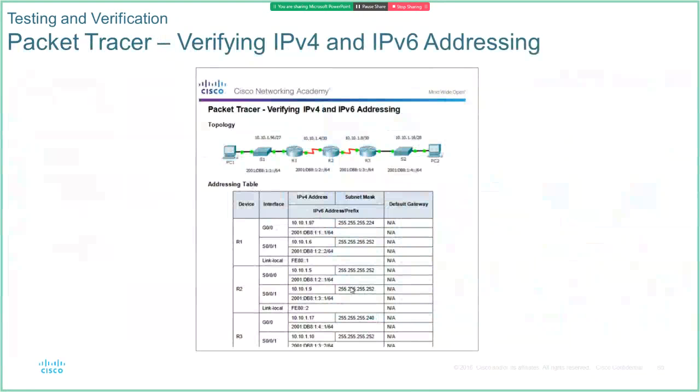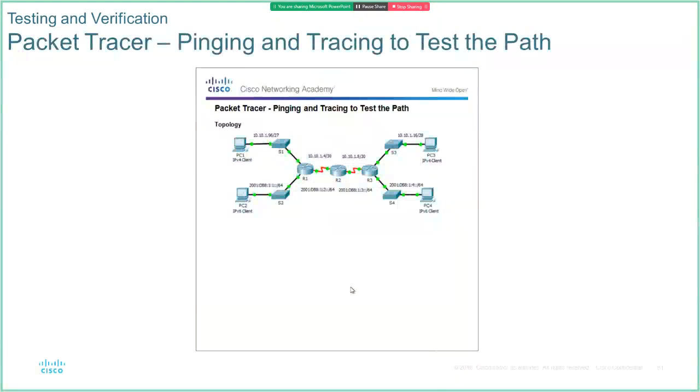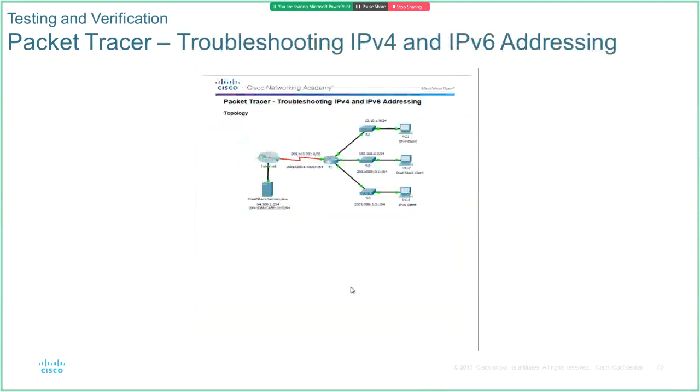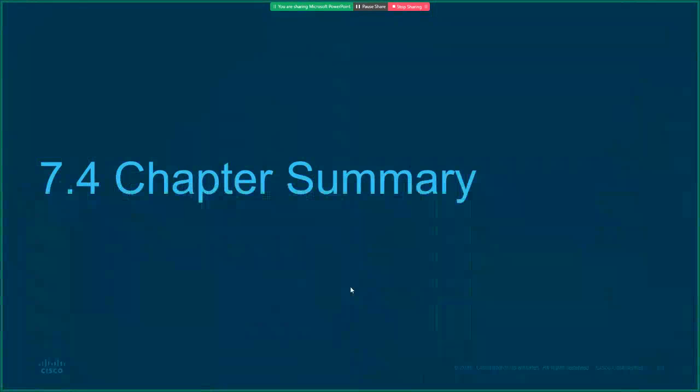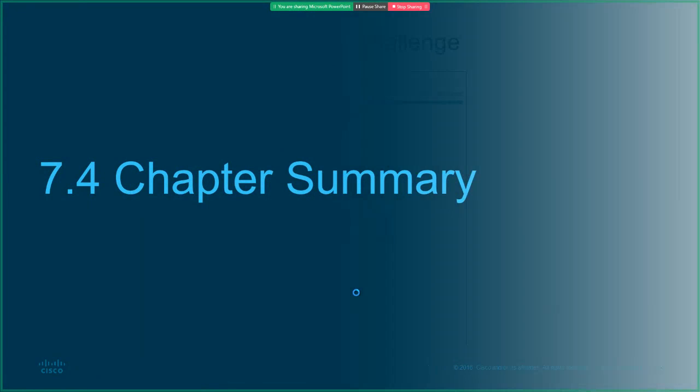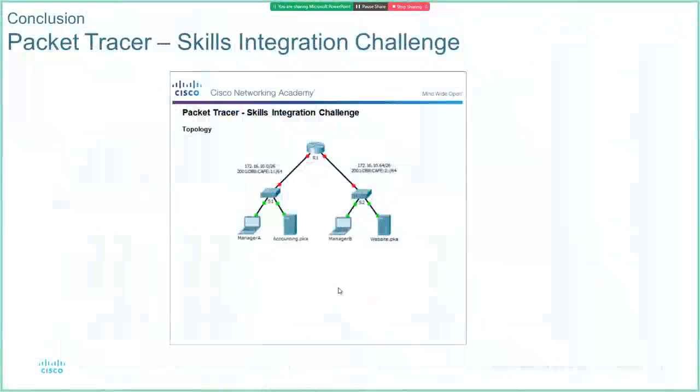And here's our little activities for you to do. This is where we start really getting into a lot of the hands-on elements of the course. This is what they call a skills integration challenge.